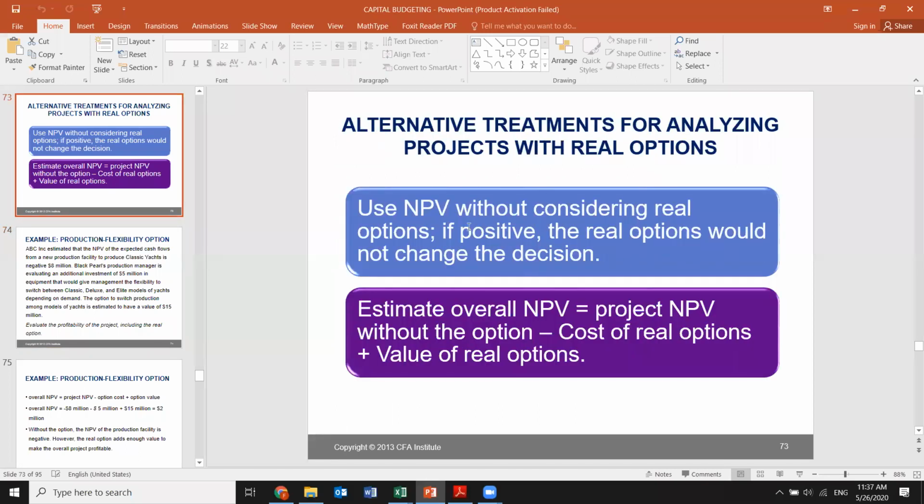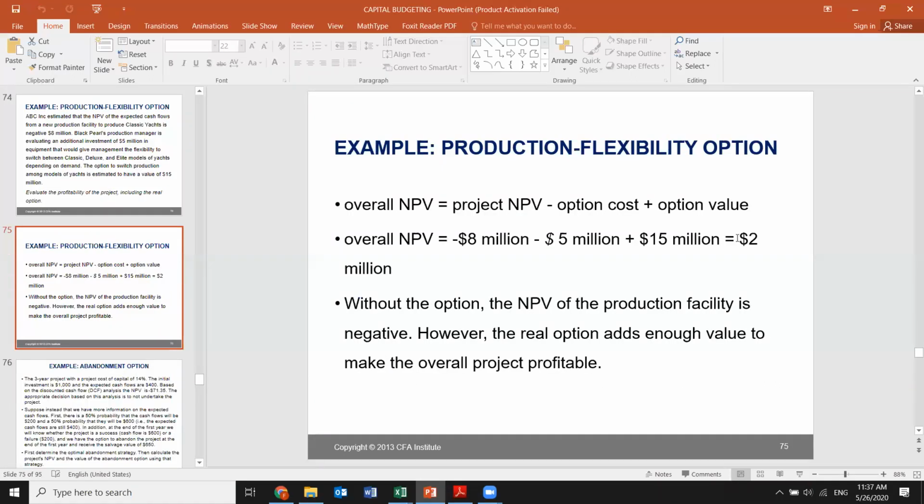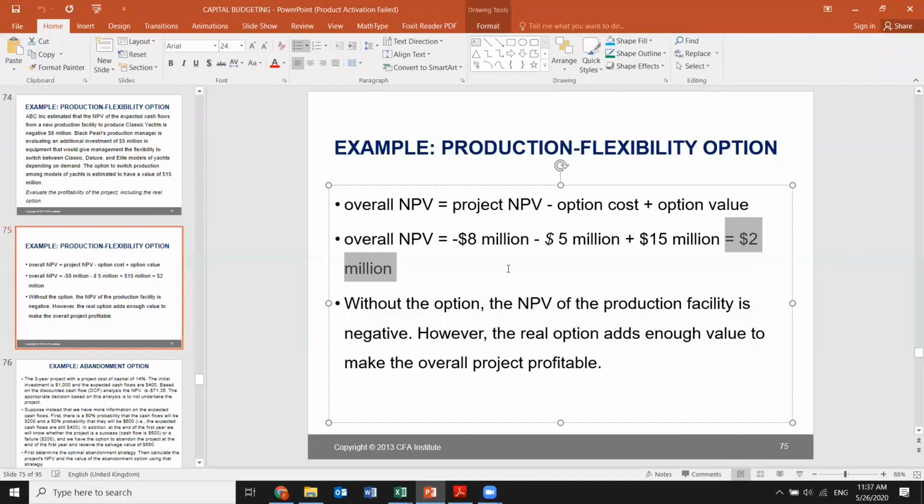Remember this condition, guys. If NPV is positive, then there is no need to use a real option. If your NPV is negative, then we need to apply this real option. We apply it, and we find that the overall NPV after employing the real option becomes a positive NPV.